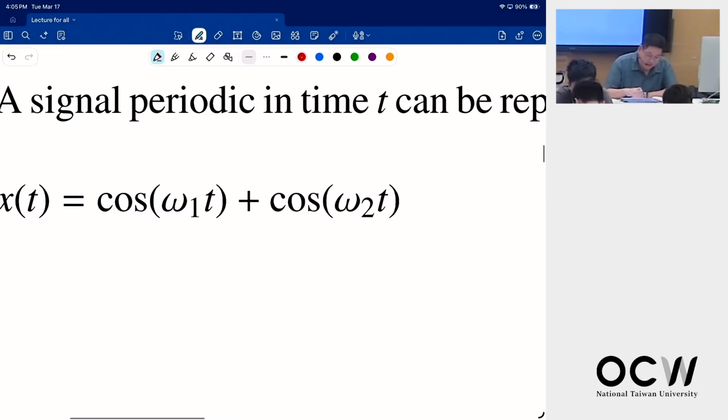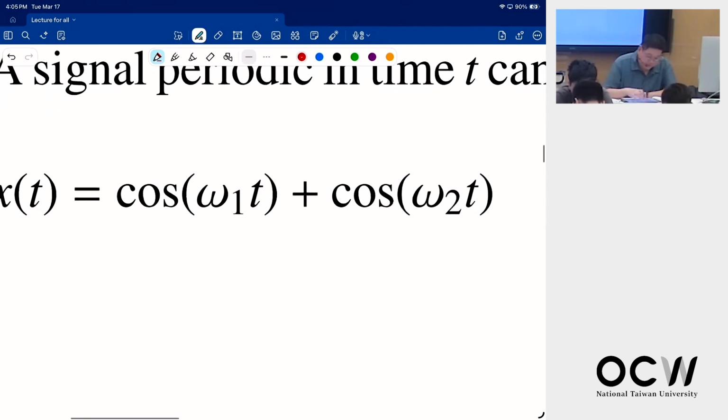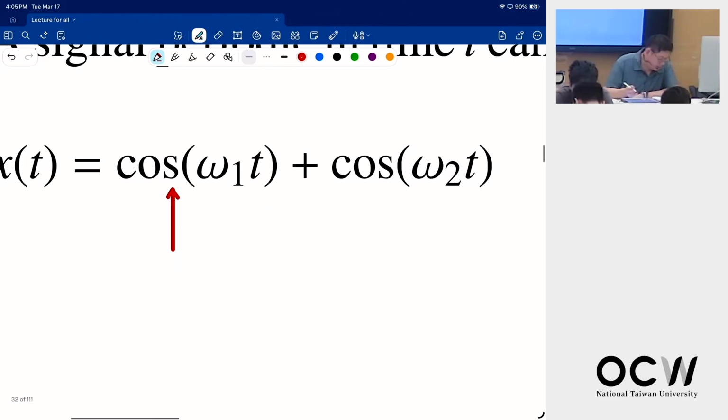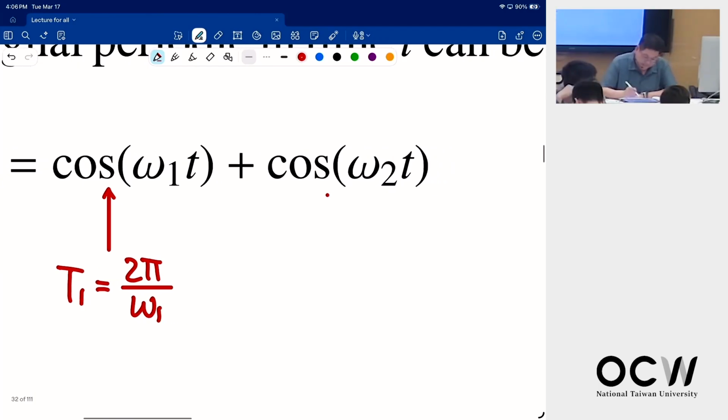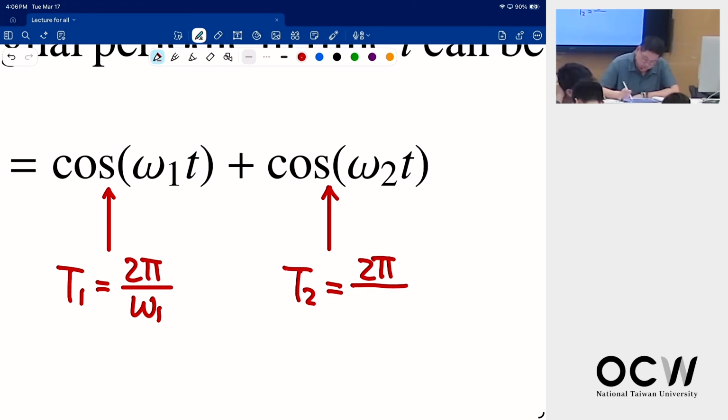We know cosine is a periodic signal, right? The period is 2 pi over omega 1. And here, the period T2 is 2 pi over omega 2.